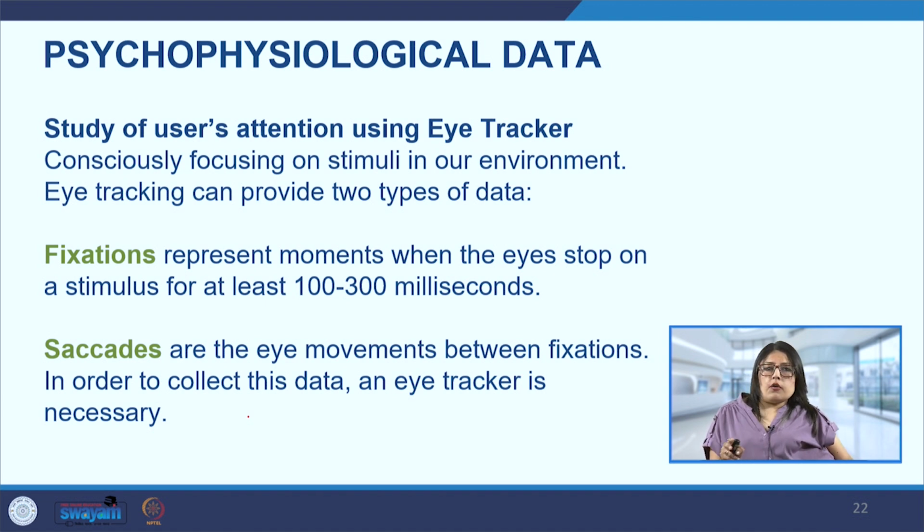For example, on this page that you are looking at right now, this presentation, psychophysiological data. If the eye has hovered over this for around 300 milliseconds, and then maybe we read the term fixations, because it is highlighted, it is green in color, it is bolder as compared to the other black text, and then we go to saccades.